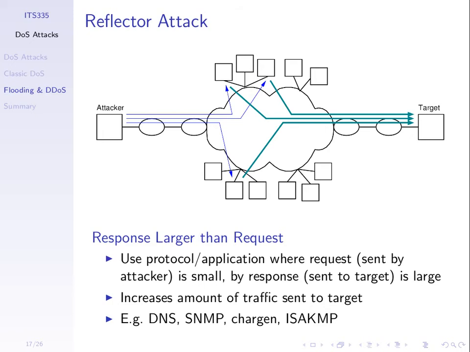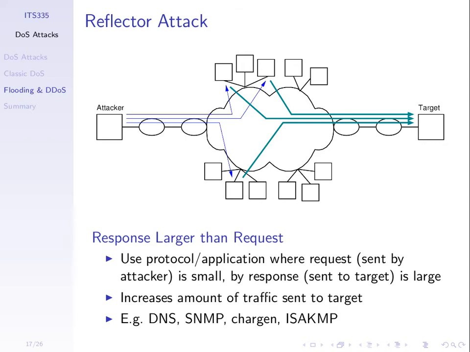But the idea is that the reply will be larger than the request, therefore increasing the amount of bytes that go to the target. And making it easier for the attacker, because the attacker's network doesn't need to have so much capacity.